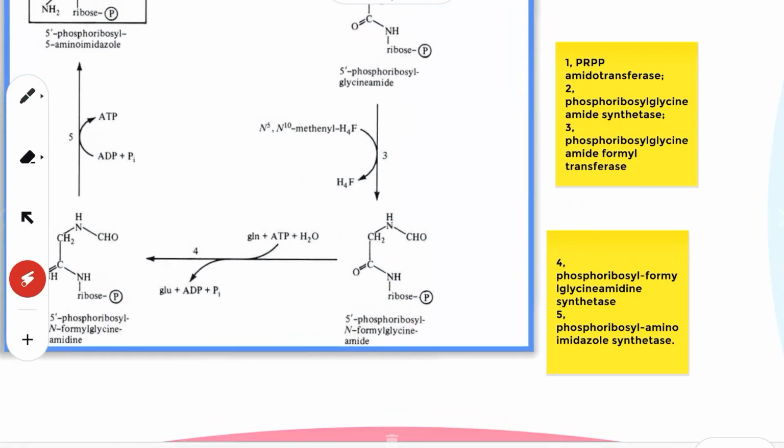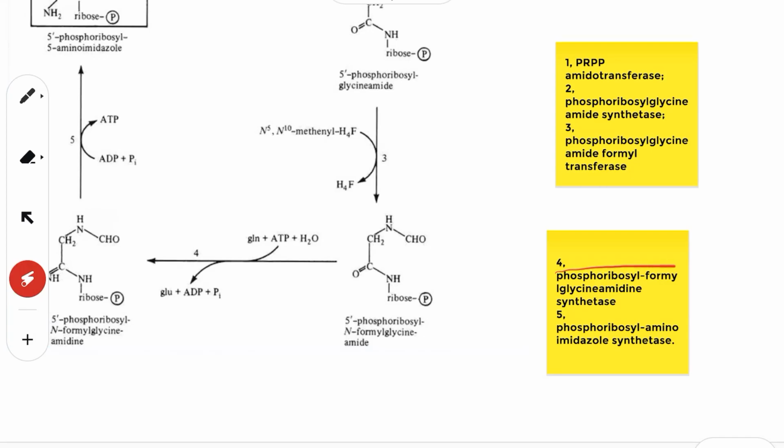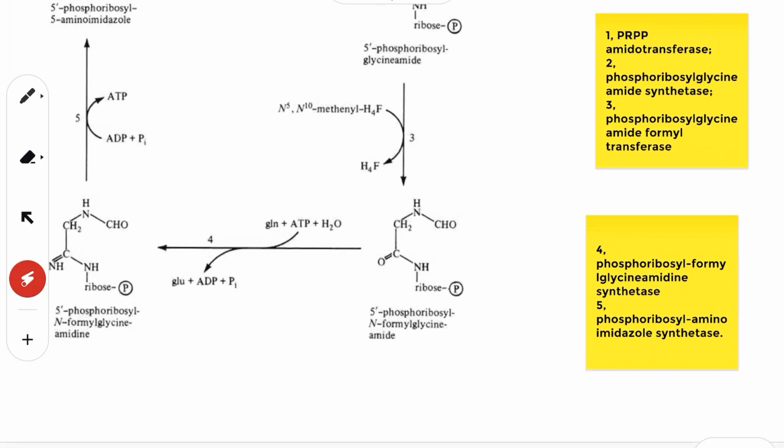So glycinamide is converted into glycinamidine. This reaction is catalyzed by the enzyme phosphoribosyl formyl glycinamidine synthetase. Okay, so you just have to remember the name of the product and add synthetase after that, because ATP is used as a source of energy.